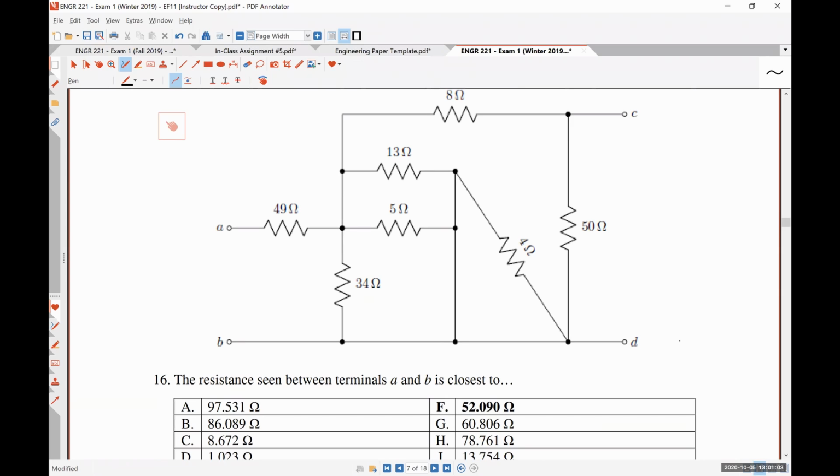Does that mean that it's a short circuit? The 4 ohm resistor is shorted out by the short circuit that I just circled. But yes, if a particular circuit element has the same node connected to both terminals, then that means it's shorted out. I see. All right, next question.